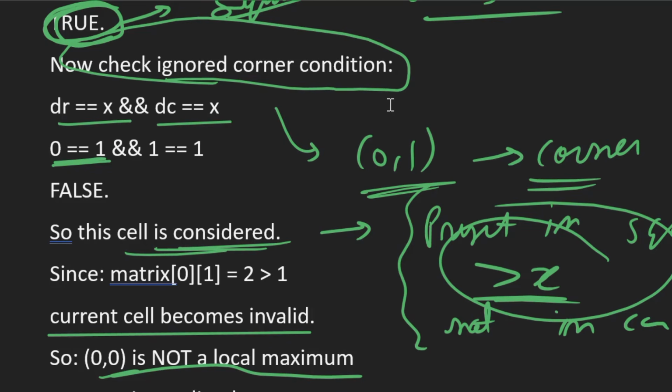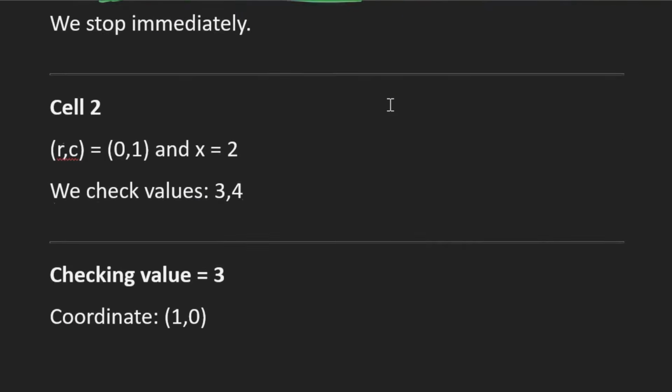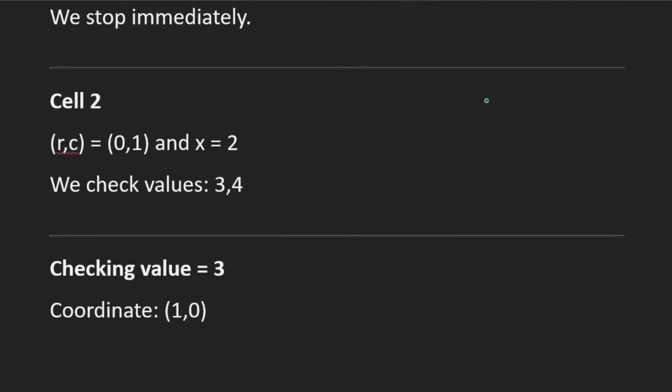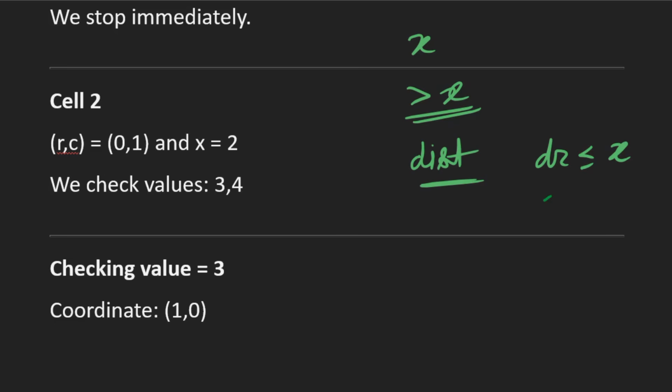If you see the steps that we have taken, first of all, if our current value is x, we iterate over all the coordinates whose value is greater than x. Then we take the coordinate, find the distance between our current coordinate and that coordinate, and check if row distance is less than or equal to x and column distance is less than or equal to x.